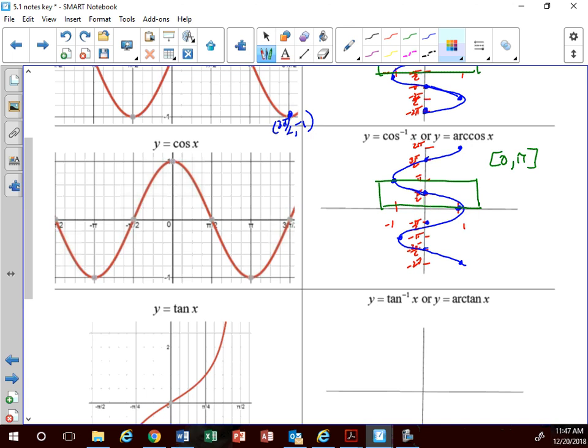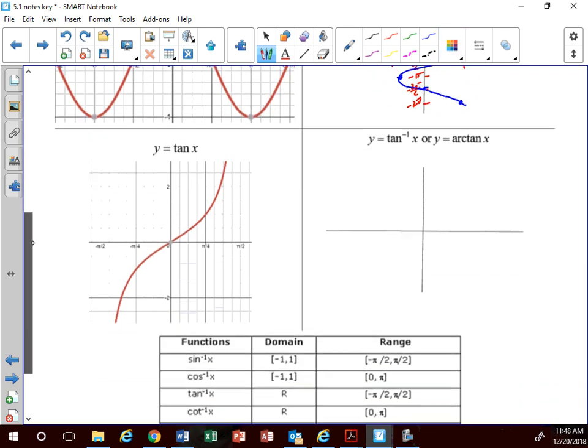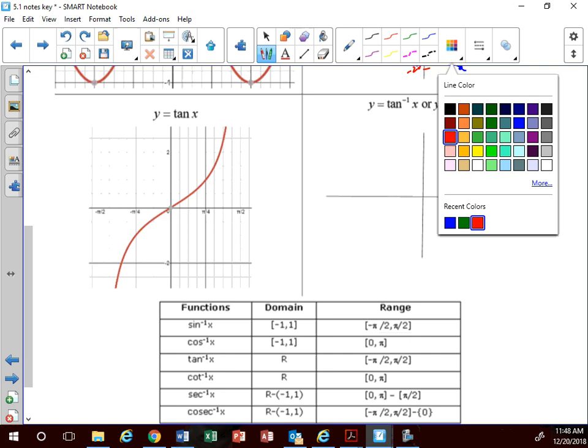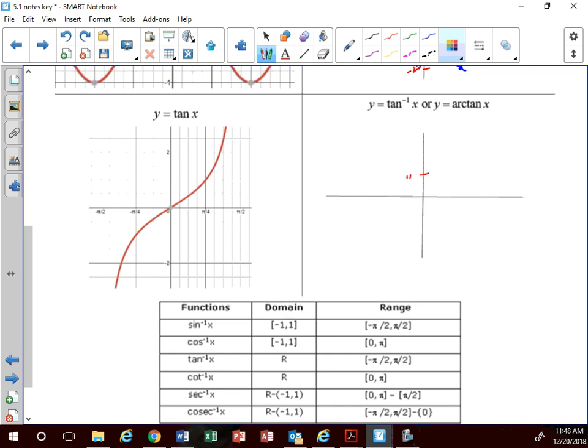On the y-axis, in terms of pi over 2 or pi over 4, I would go pi over 4, pi over 2, but then that's all you need to do. Do you guys see how the asymptotes kind of give you your window this time?